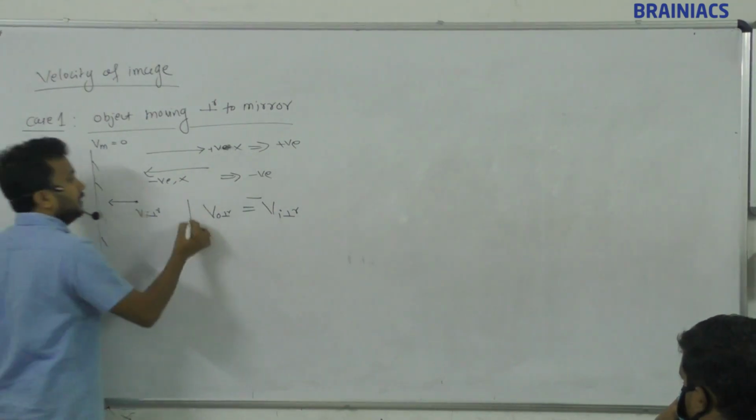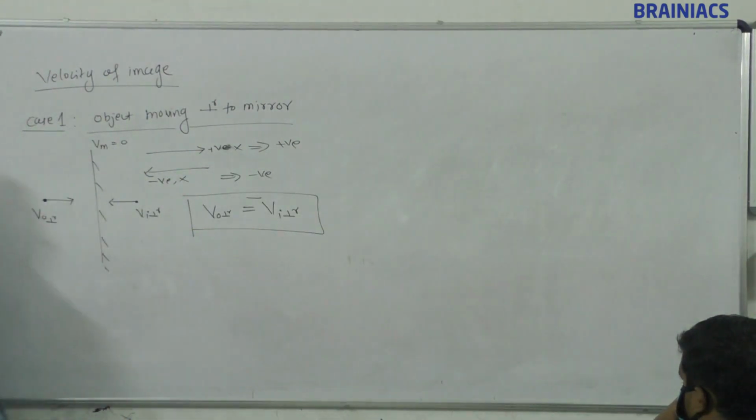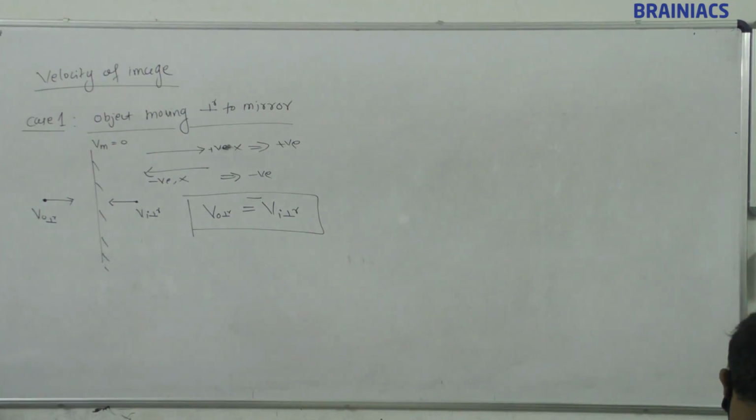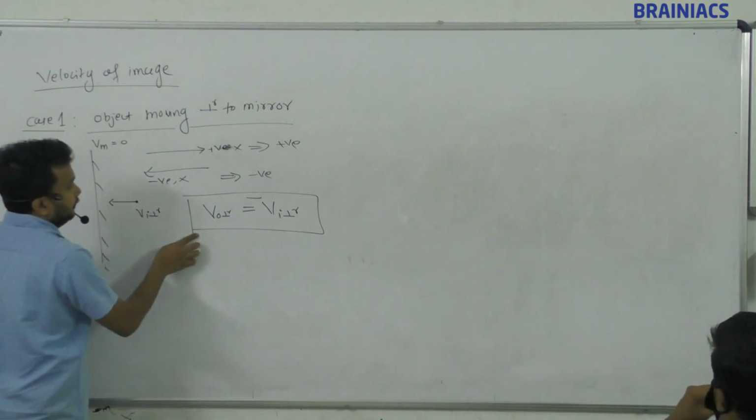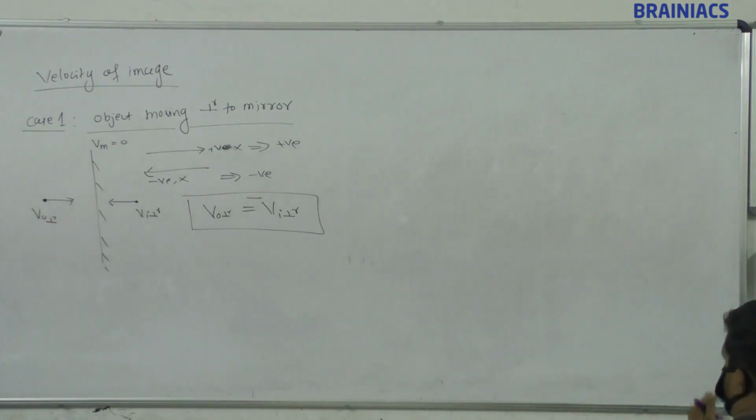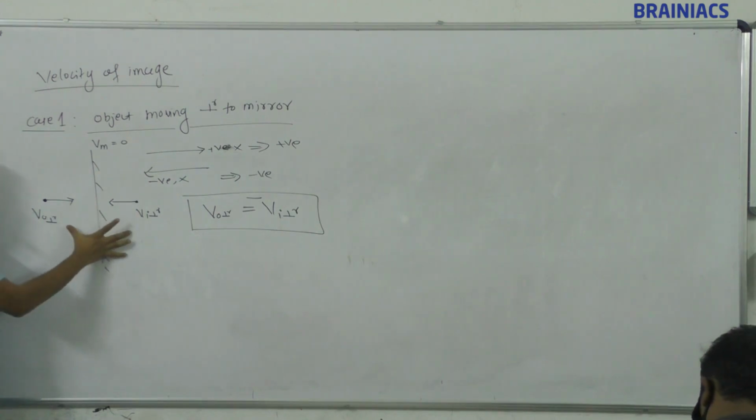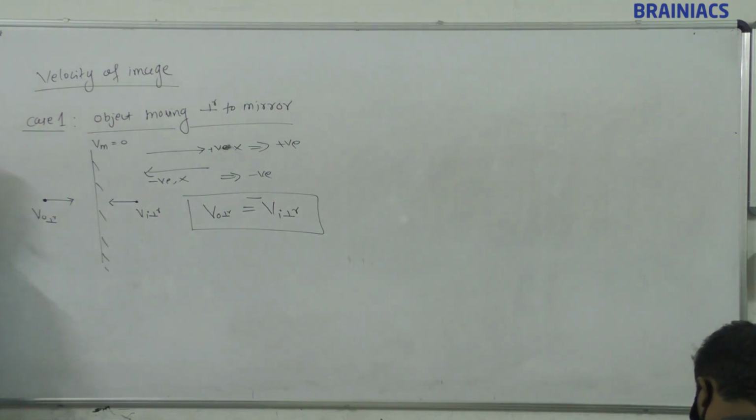So they move in opposite directions. This is point number 1. So the object moves perpendicular, the image also moves perpendicular, in this direction, and the mirror is at rest.